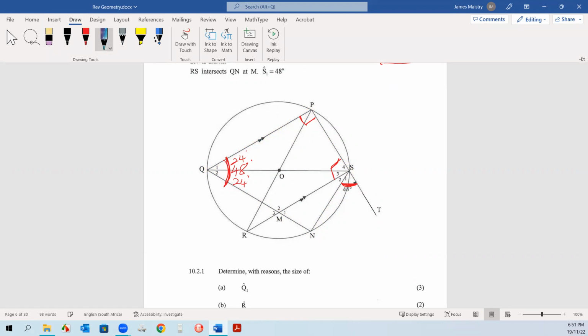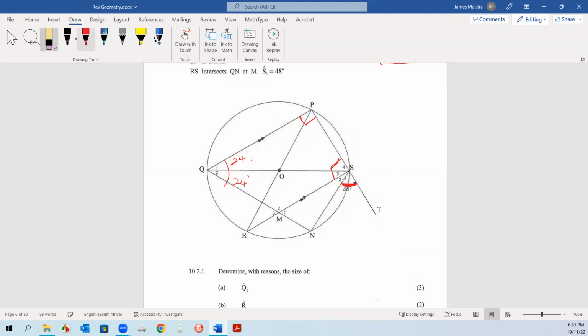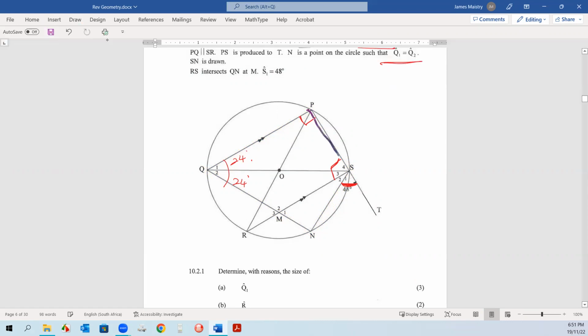If we look at this diagram, I'm going to take out some stuff here because it's a little bit overloaded, so we can see it clearly. I think somebody said angles in the same segment. Am I right? Yes, sir. So I just want to draw it in. When you see that angle there, it should be equal to this angle called R, giving you 24 degrees.